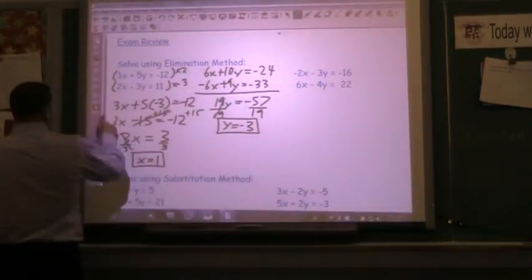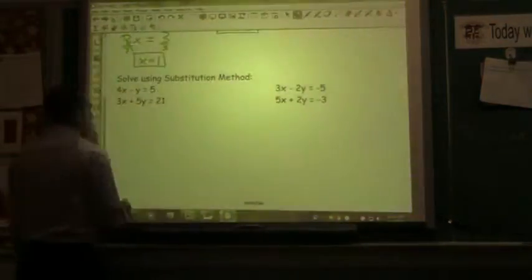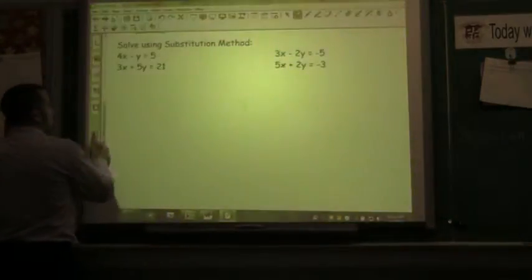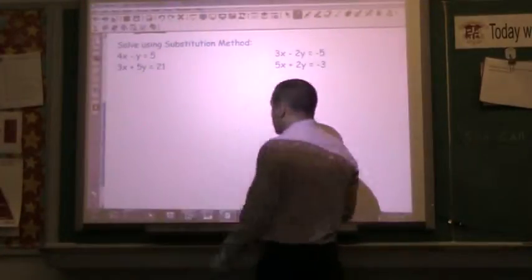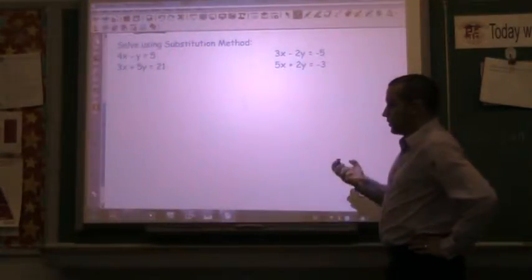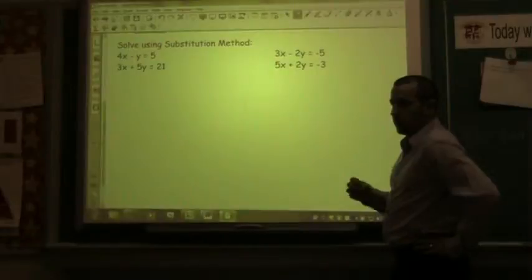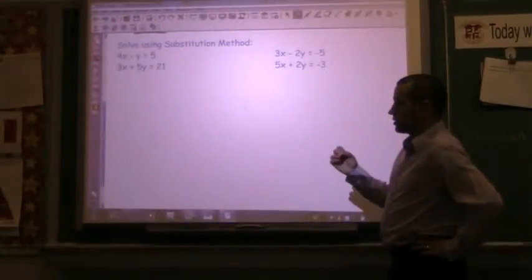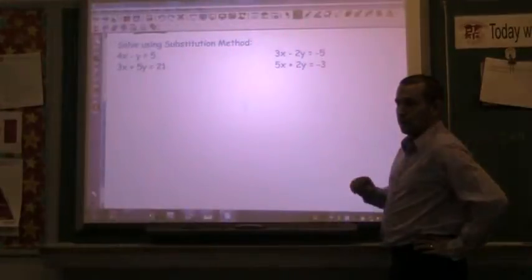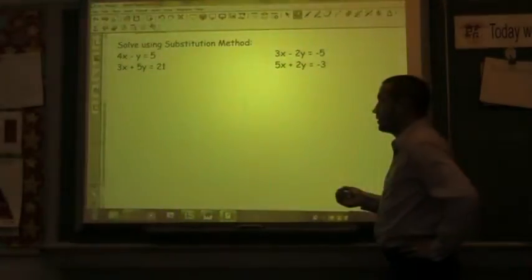All right, so substitution method. This is where we're going to take one of the variables, either x or y, and isolate it. So your equation says just x equals or just y equals, and then plug it into the other equation.